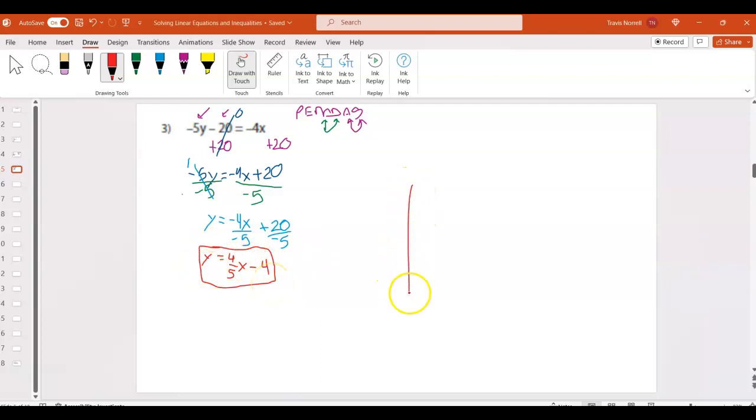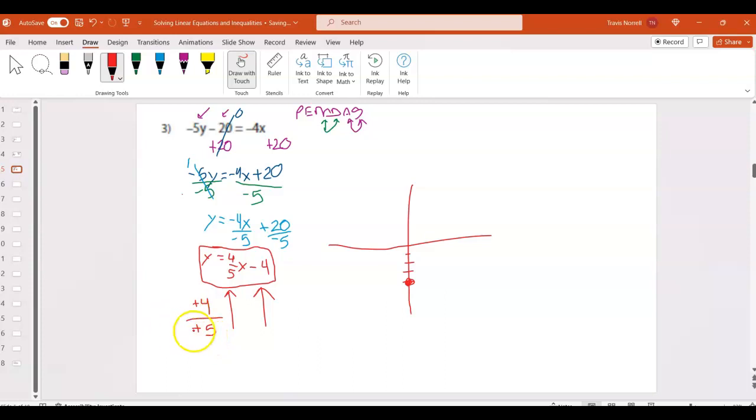And just real quick, if you wanted to stick this on a graph, your y-intercept here, notice that's a negative 4. 1, 2, 3, 4. Your slope is a positive 4 over a positive 5.